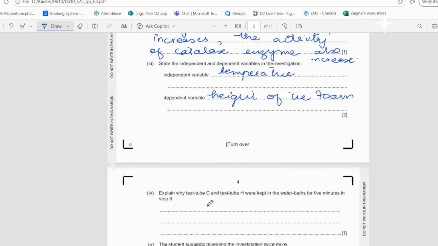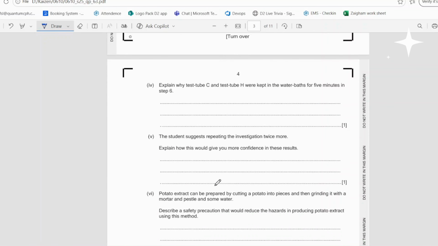Okay, next one is explain why test tube C and test tube H were kept in water bath for 5 minutes in step 6. It can be, what else?